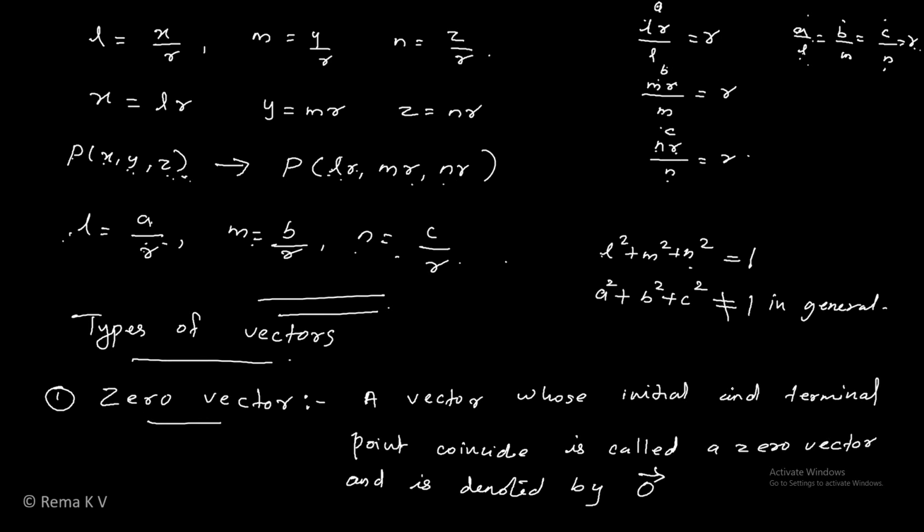A vector whose initial and terminal points coincide, that is, initial point and terminal point are same, then it is called a zero vector. What is the magnitude of a zero vector?